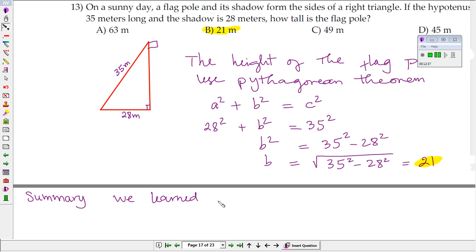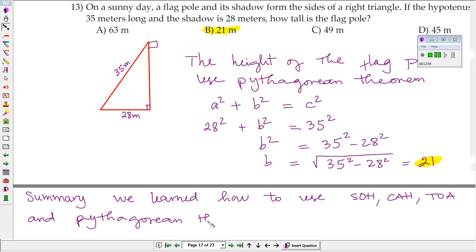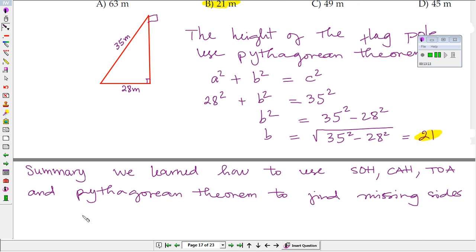We learned how to use SOHCAHTOA and the Pythagorean theorem to find missing sides and angles for a given right triangle.